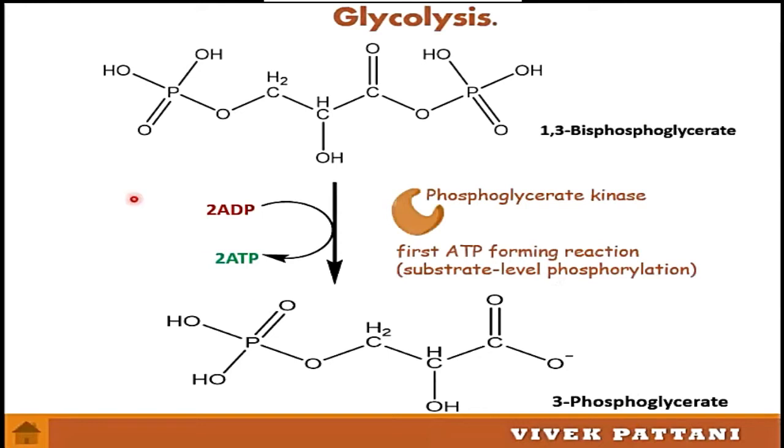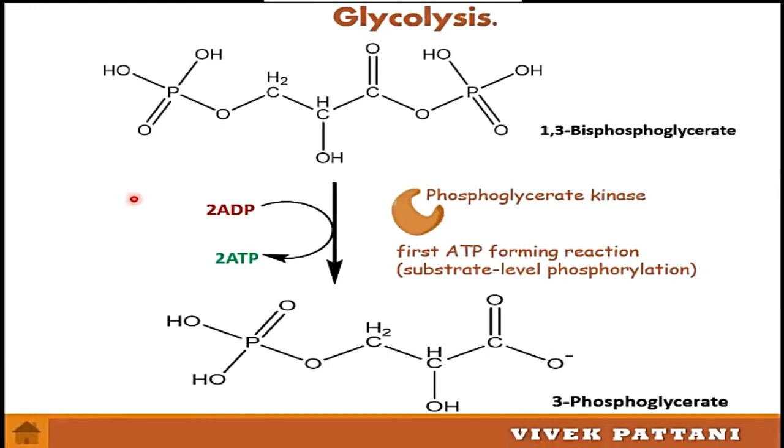Now this example given here is an example of substrate level phosphorylation. It is the first step of glycolysis where ATP molecules are formed, where two ADP molecules are converted into two molecules of ATP.